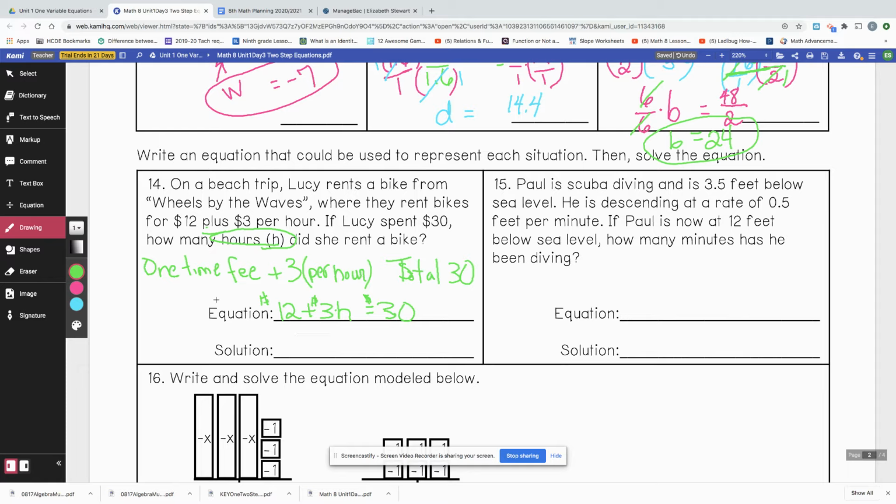Remember, we're 8th grade students going into algebra, so we need to be able to translate word problems into an equation. When I solve this equation, additive inverse gives me something like $3 per hour times the number of hours is equal to 18. Then divide by 3, I have hours equals 6. So she rented the bike for 6 hours.